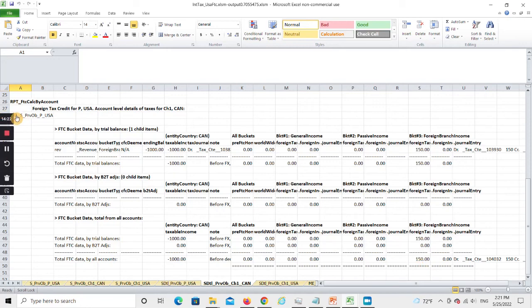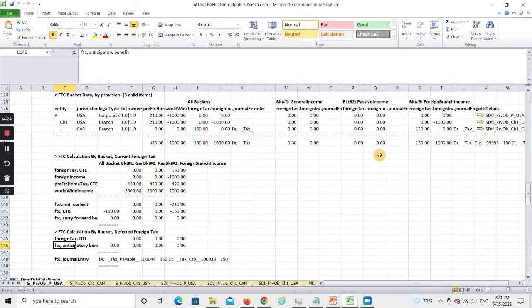So we go back, and we see those account level contributions into the provision level bucket, 150, and these numbers add together and contribute to the tax level numbers, and the tax level numbers allow us to calculate the limitations, the current benefits, and the future benefits.